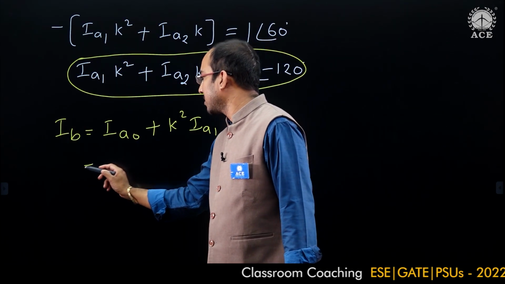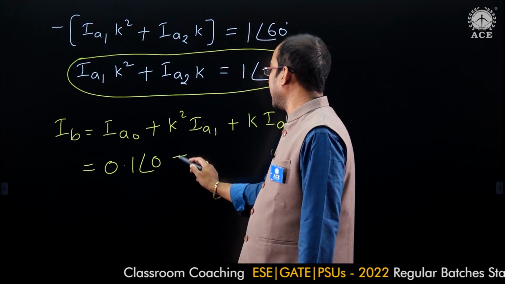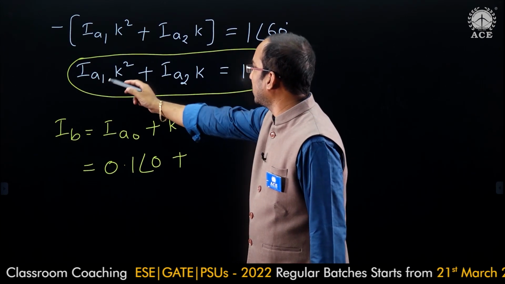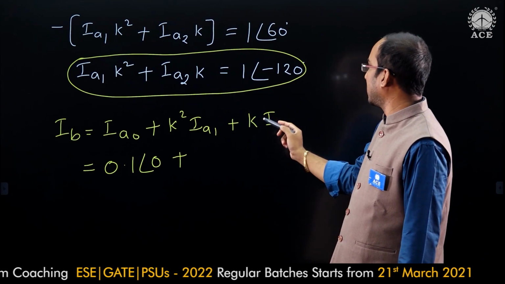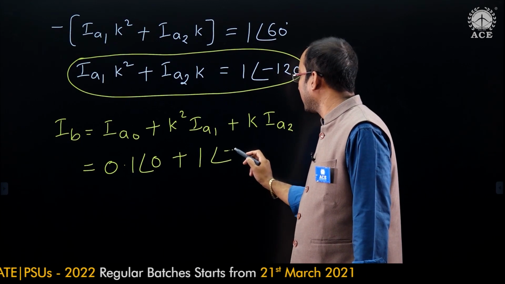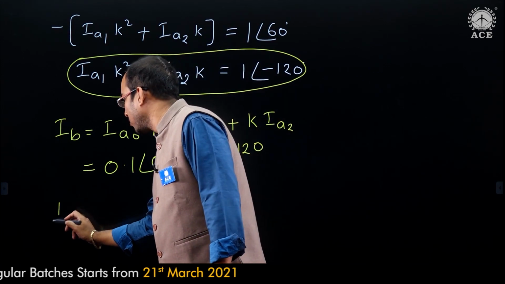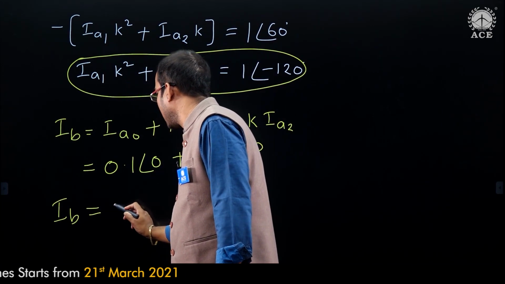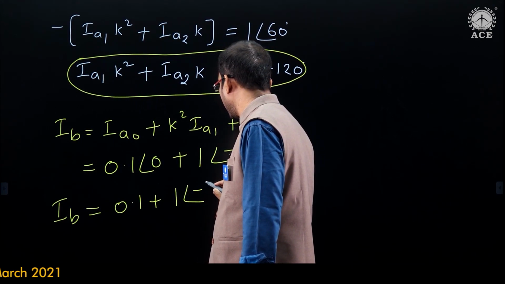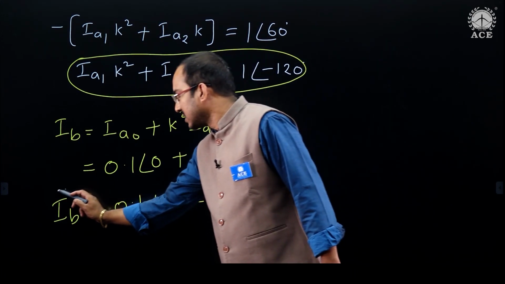So IB is 0.1 at an angle of 0 plus K square IA1 plus K IA2, whose value is 1 at an angle of minus 120 degrees. So we can write the value of IB as 0.1 plus 1 at an angle of minus 120 degrees. So this is the required answer.